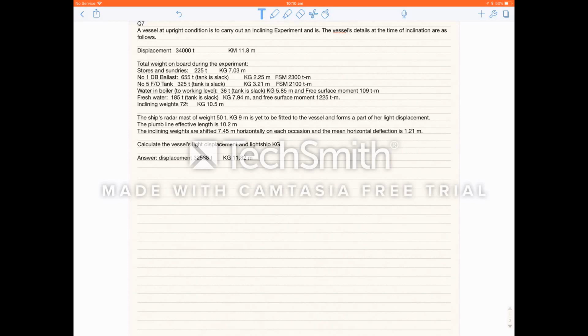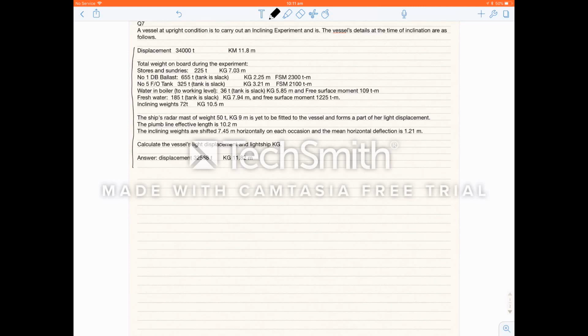So when you get your question, one thing to know is that all the data shown here are relevant to the vessel which is inclined. That means at the time of inclination.